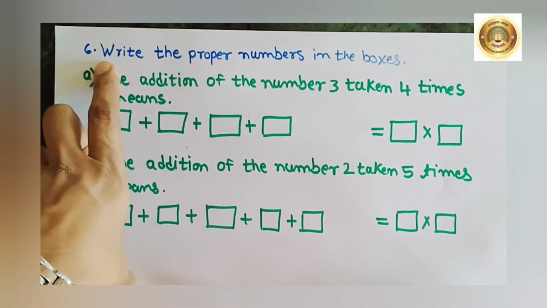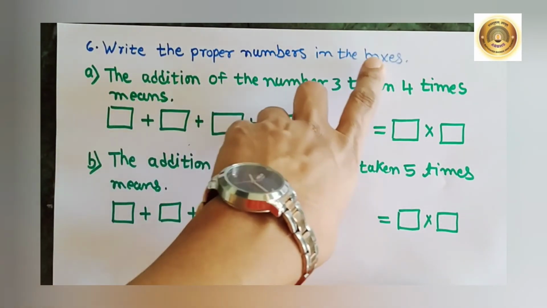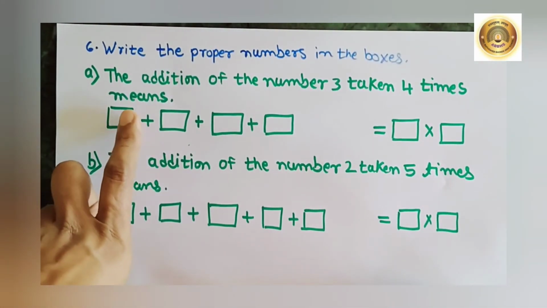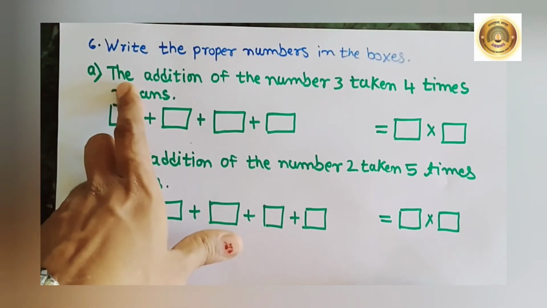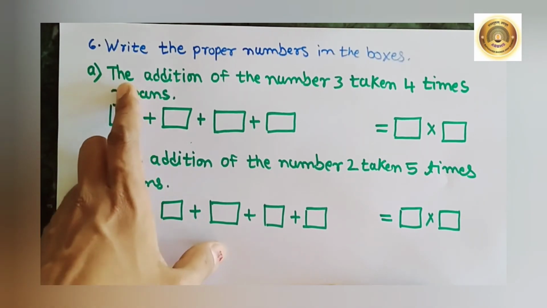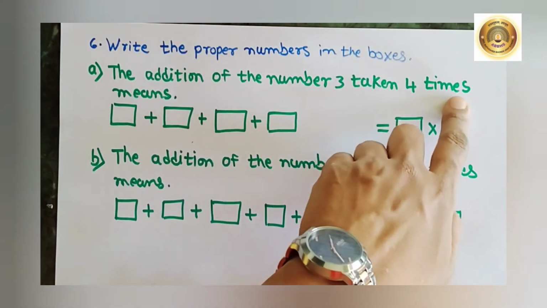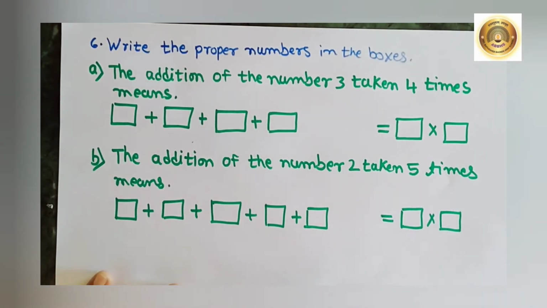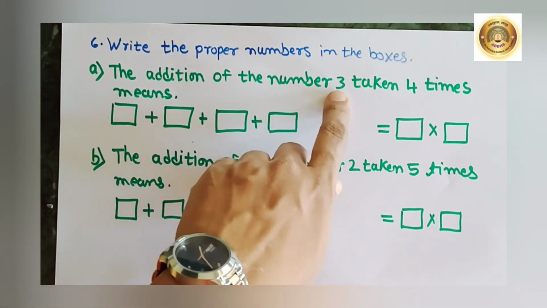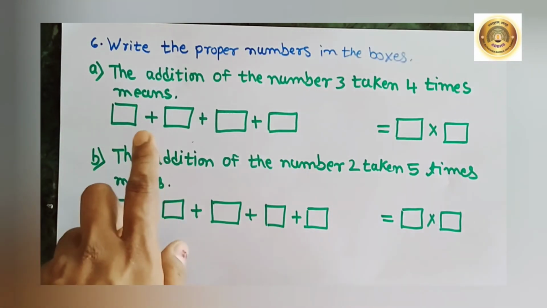Now, in the next question, you have to write the proper number in the boxes. With the help of this question, we can understand the concept of multiplication in a better way. Read the question properly first. The addition of the number 3 taken 4 times, what do you mean by that, children? The addition of number 3 means which number is repeating in addition? 3.